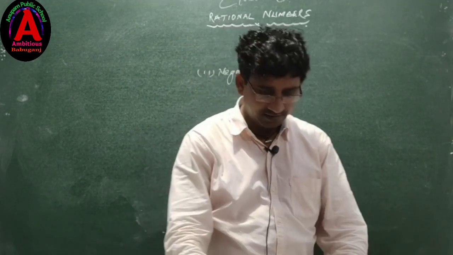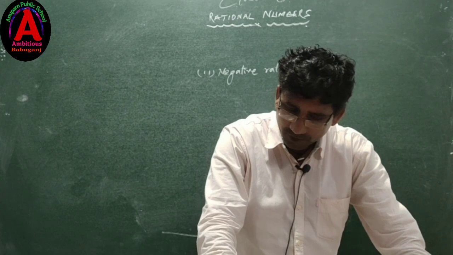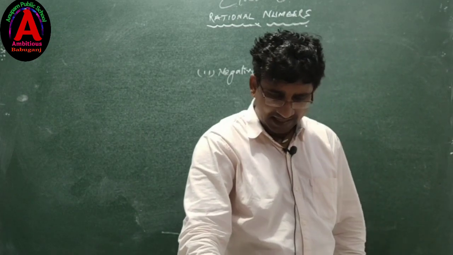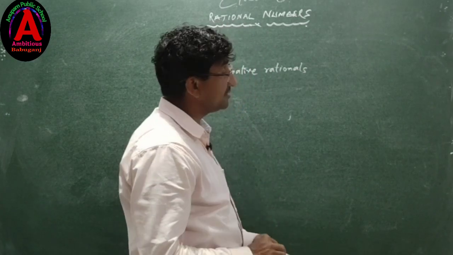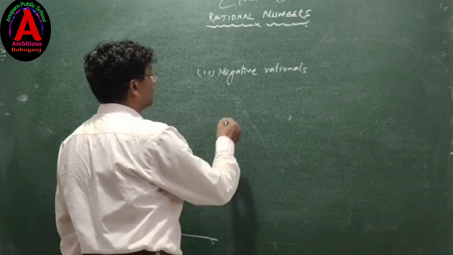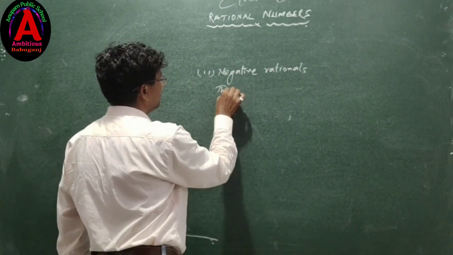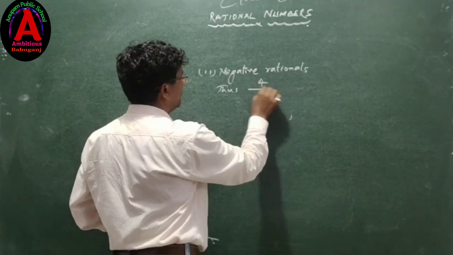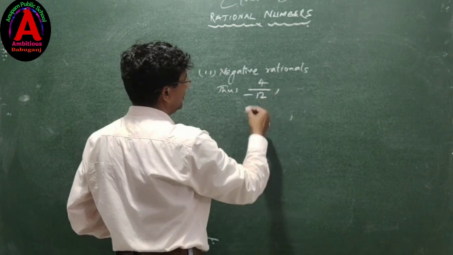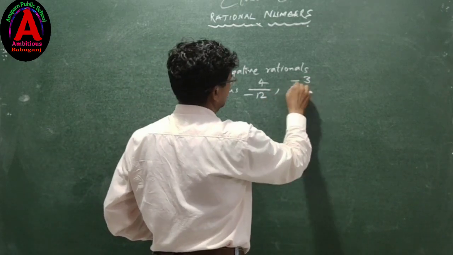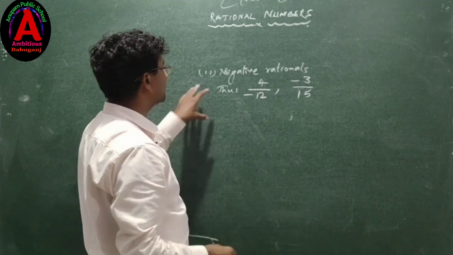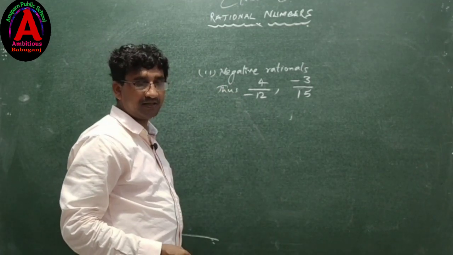Thus, with opposite signs, 4 upon minus 12 or minus 3 upon 15 are called negative rationals.